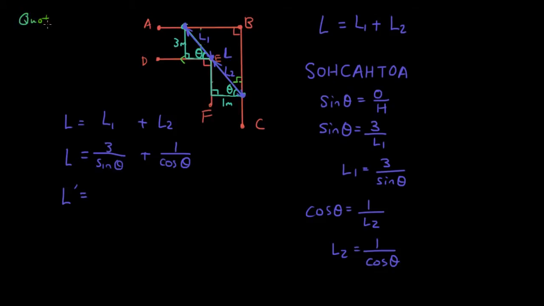The quotient rule: f divided by g, dash, is equal to g times f dash, minus f times g dash, over g squared. That is the quotient rule.